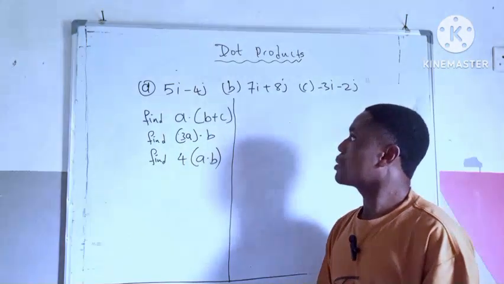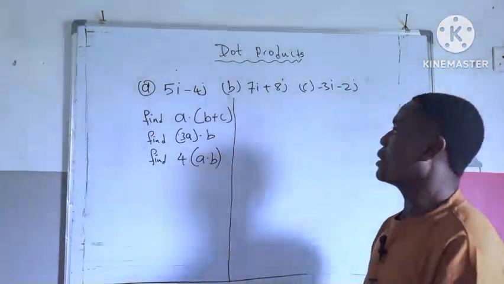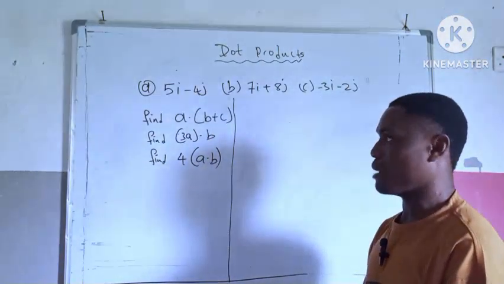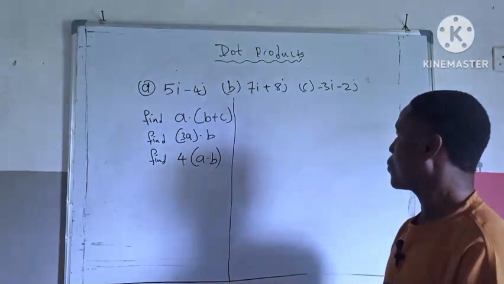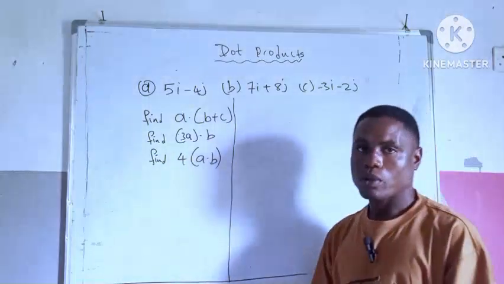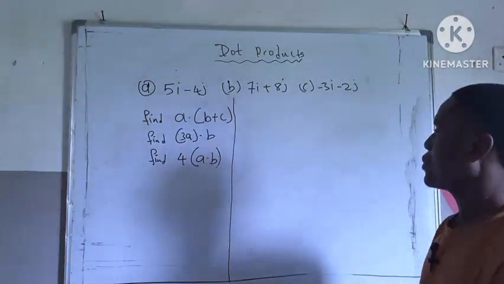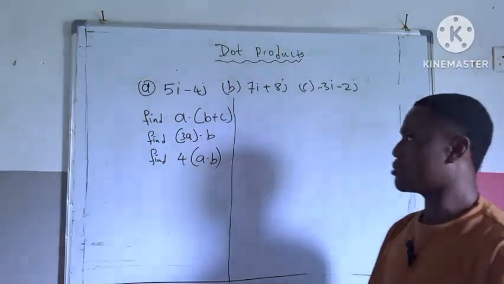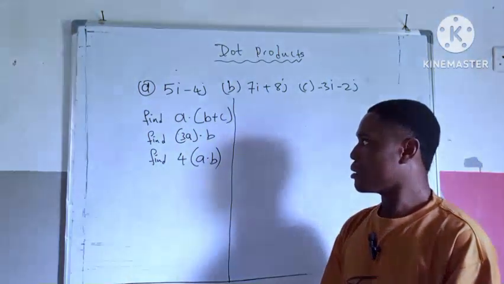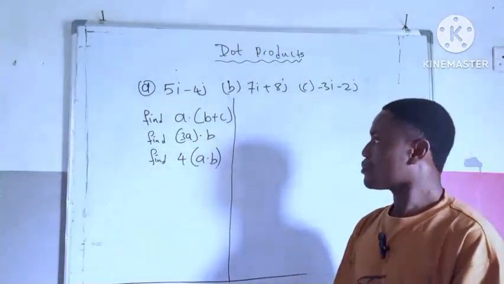Okay, so we are given a, that is 5i minus 4j. Second, we are given b, 7i plus 8j. Then we are given c, minus 3i minus 2j. Now number one, we are asked to find a dot bracket open b plus c bracket close.